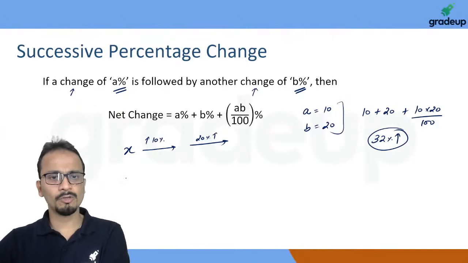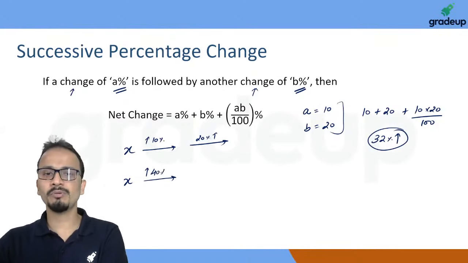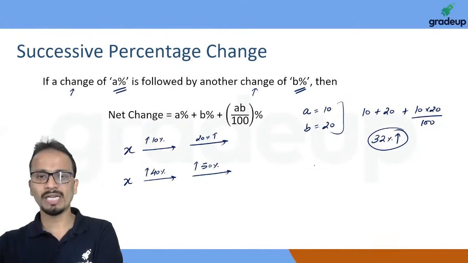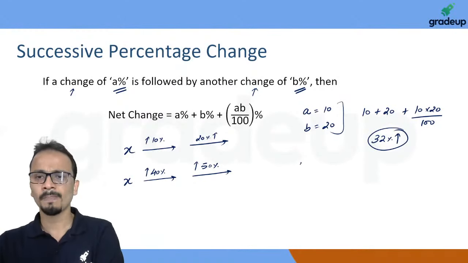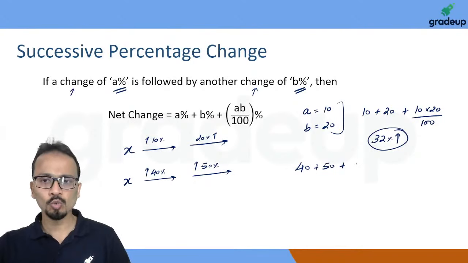Let's look at one more example. X is increased by 40% and then increased by 50%. Both A and B are plus 40 and plus 50 respectively. So 40 plus 50 plus 40 into 50, which is 2000.